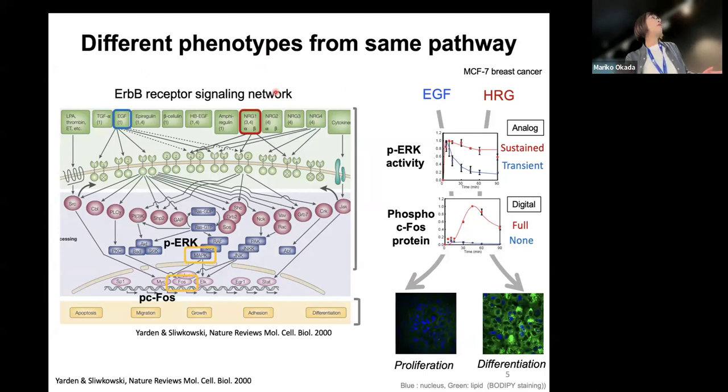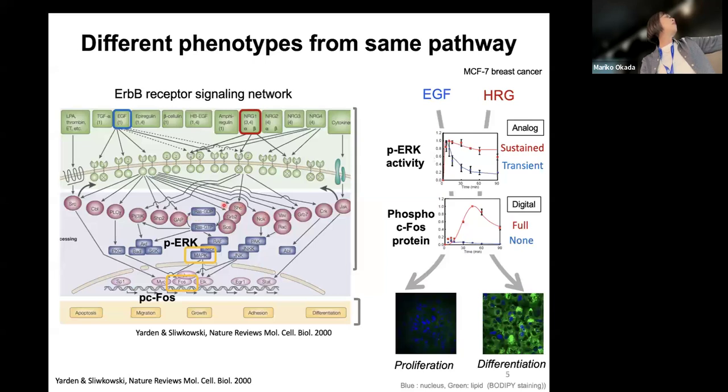This receptor has very specific features. The receptor family has four receptors, but they make homodimers or heterodimers, and they bind different kinds of ligands. You see a lot of combinations here, but in the cytosolic pathway there is overlapping.